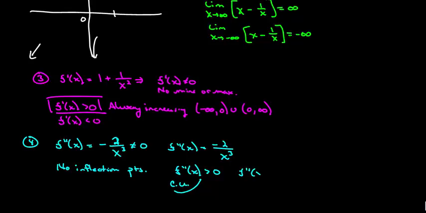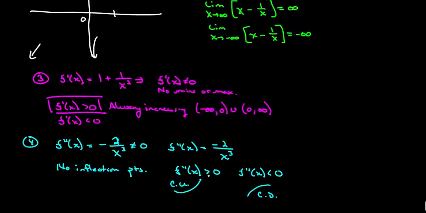If f double prime of x is negative, then the rate of change of the tangent line is decreasing, meaning the slopes are getting less and less positive, or they're getting more and more negative, however you want to think about that. And so that is concave down.